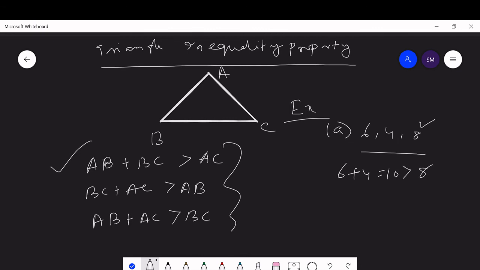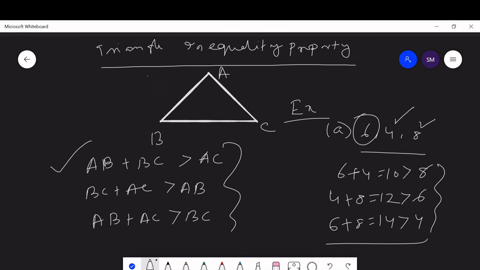Yes, it satisfies. Then 4 plus 8 is equal to 12, which is greater than the third side 6. Yes, this satisfies. Then 6 plus 8 is equal to 14, which is greater than the third side 4. Yes, this satisfies the triangle inequality property. Yes, we can form a triangle using these three measures.